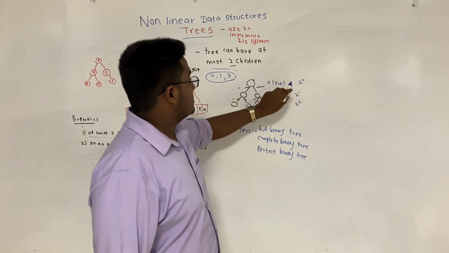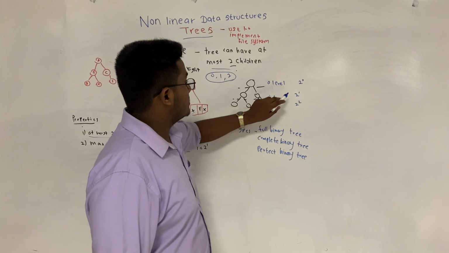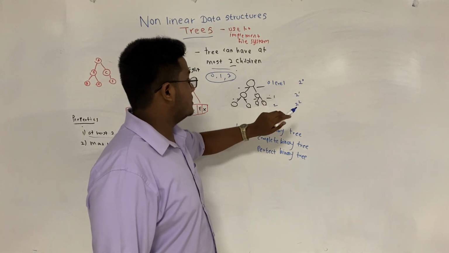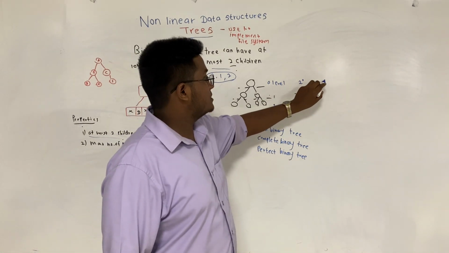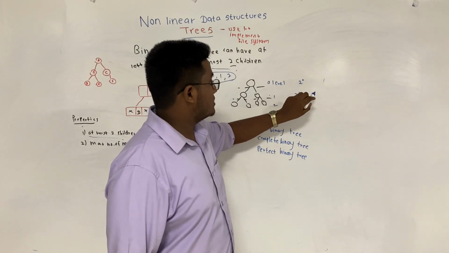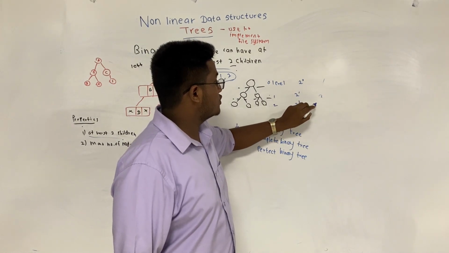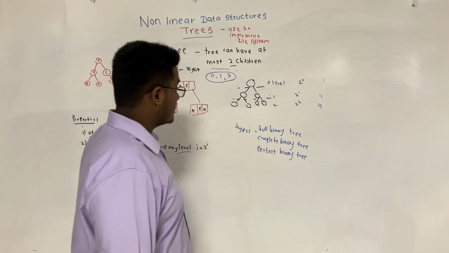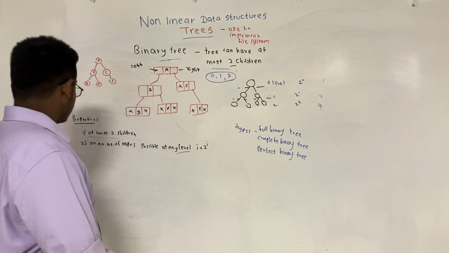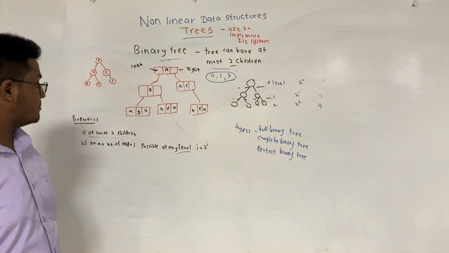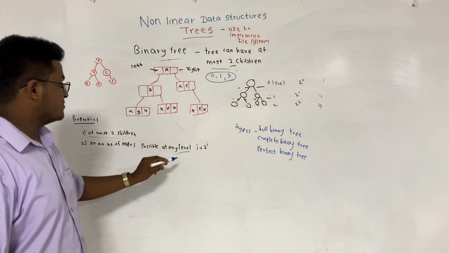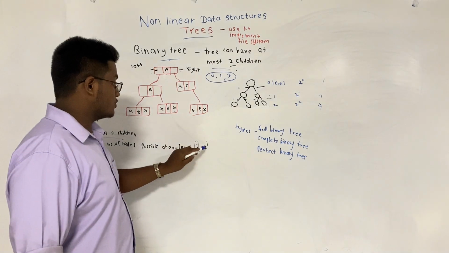Now there are 3 levels here, right? 2 to the power 0, 1 and 2. 2 to the power 0 means 1. 2 to the power 1 is 2 and 2 to the power 2 means 4, right? This is the maximum number of nodes possible at any level. We are just putting I, 2 to the power I.